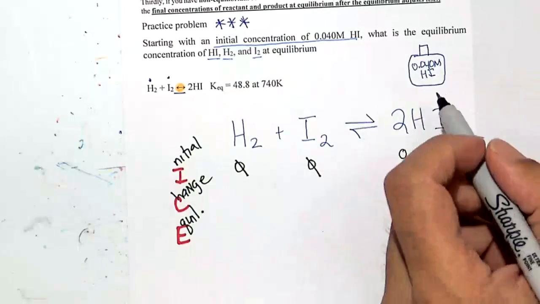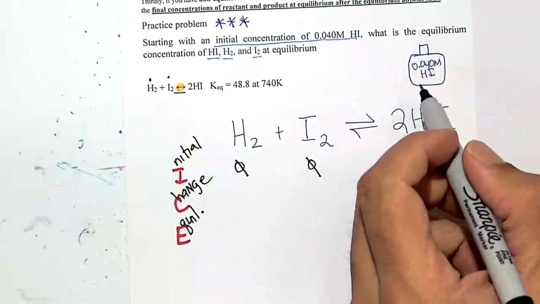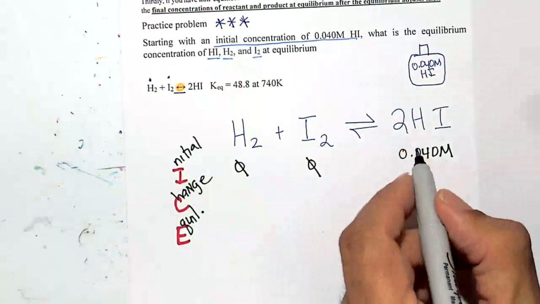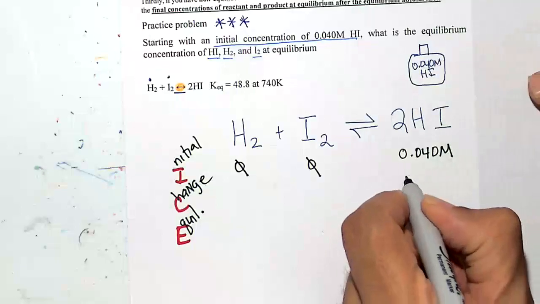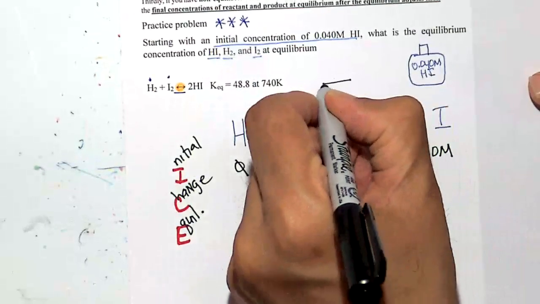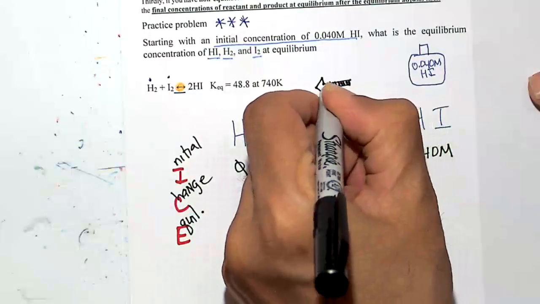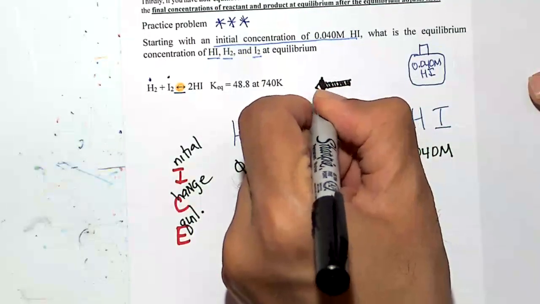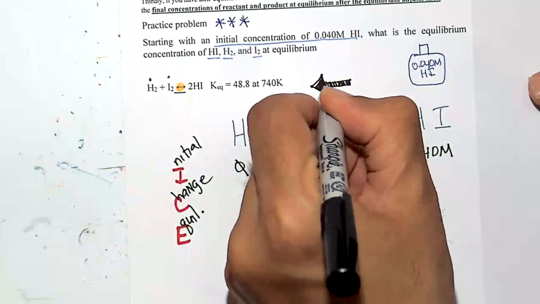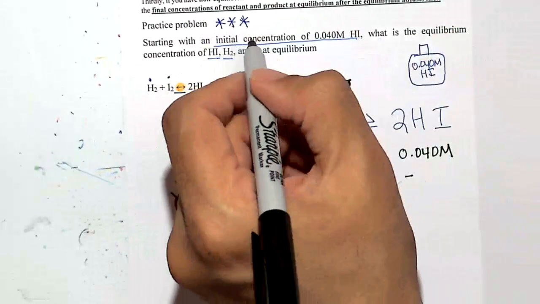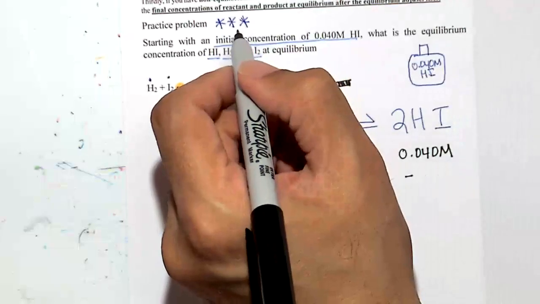Some of it will go back this way, because you can't have 100% this or that, it's in equilibrium. So the reaction is going to shift this way, because initially you have 0.040.